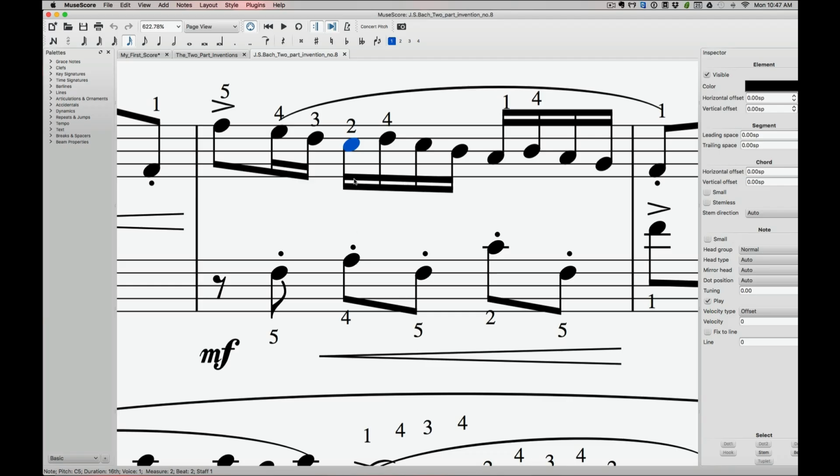So that's okay. Then we have here an A against a D, which is a fourth. So that could be okay. Let's see if he resolves it to a third. He does.